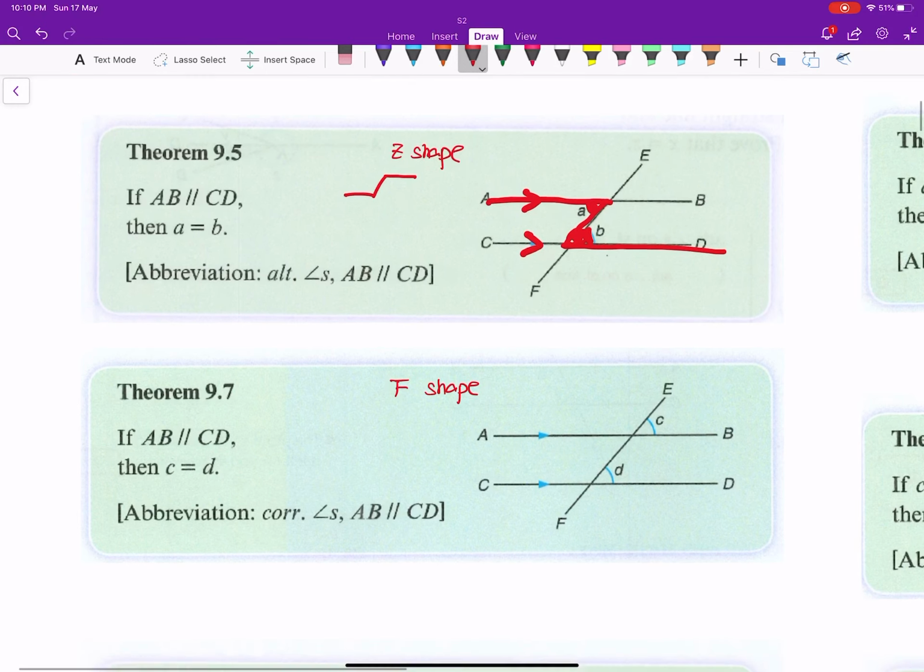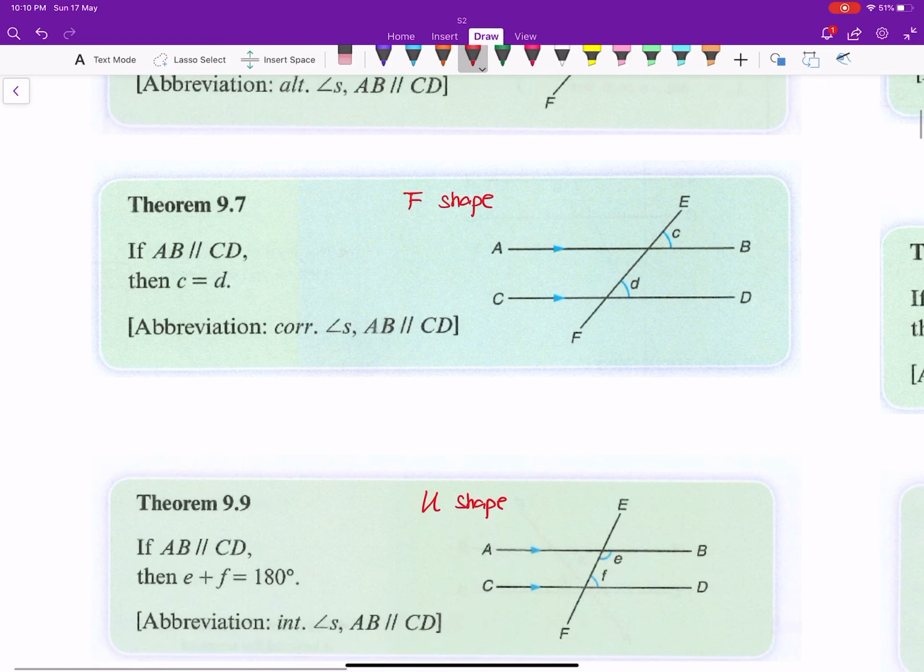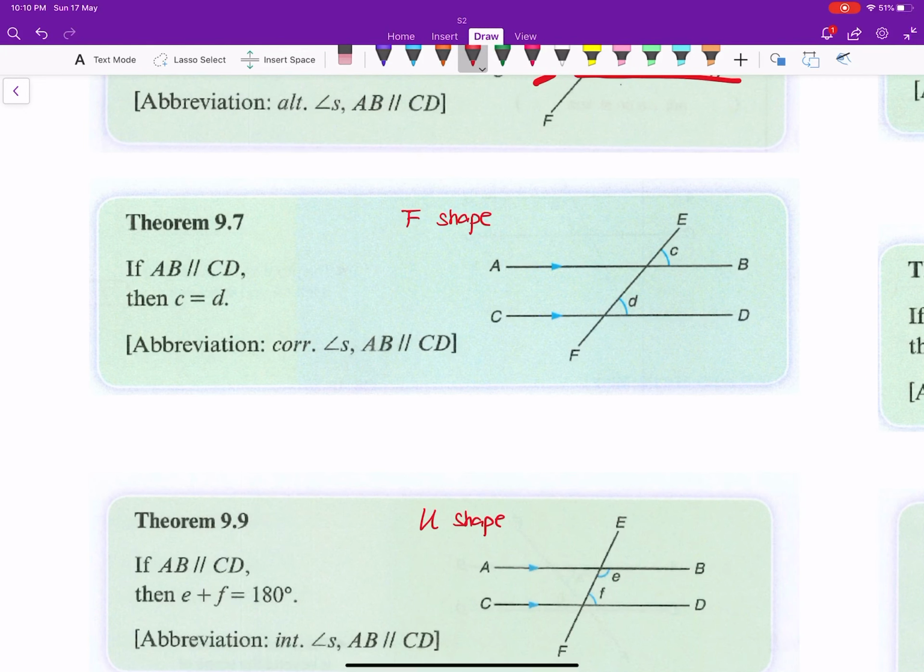And for this figure, AB and CD are parallel. If we can draw an F shape, a reversed F shape, C and D are equal. They are corresponding angles.